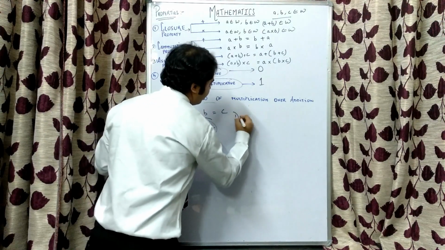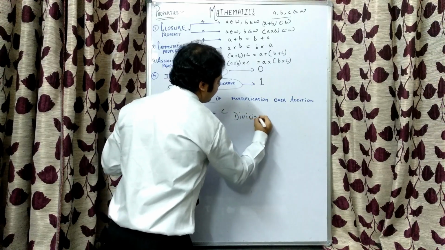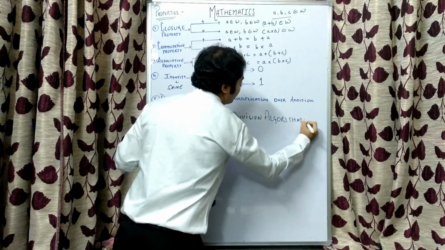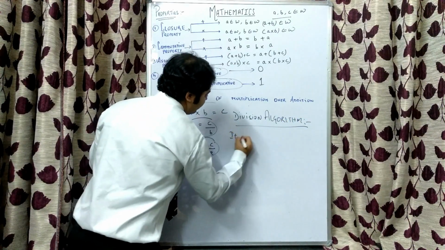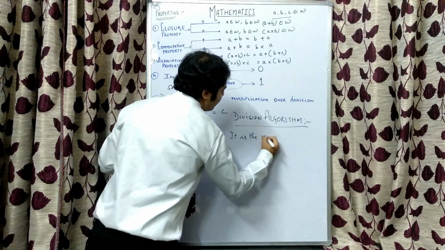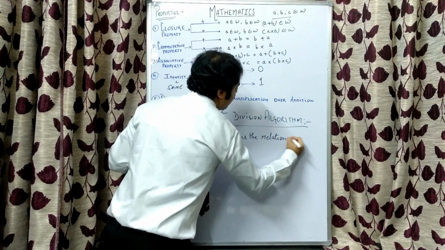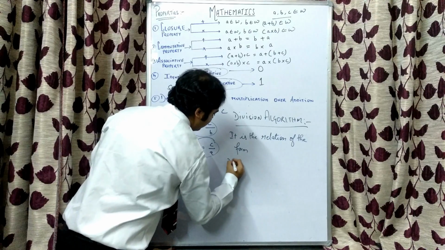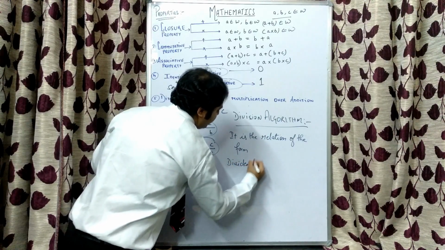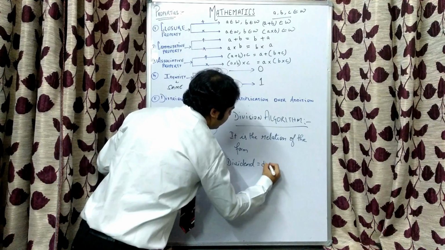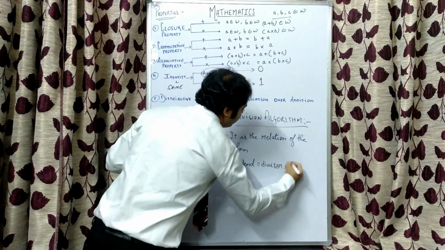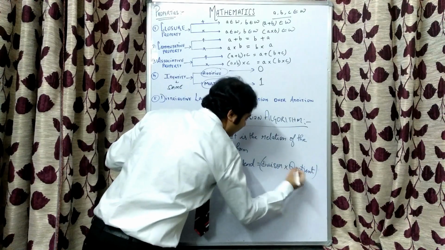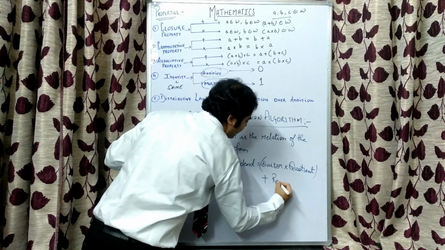Division algorithm is the relation of the form: dividend is equal to divisor into quotient, in bracket, plus remainder.